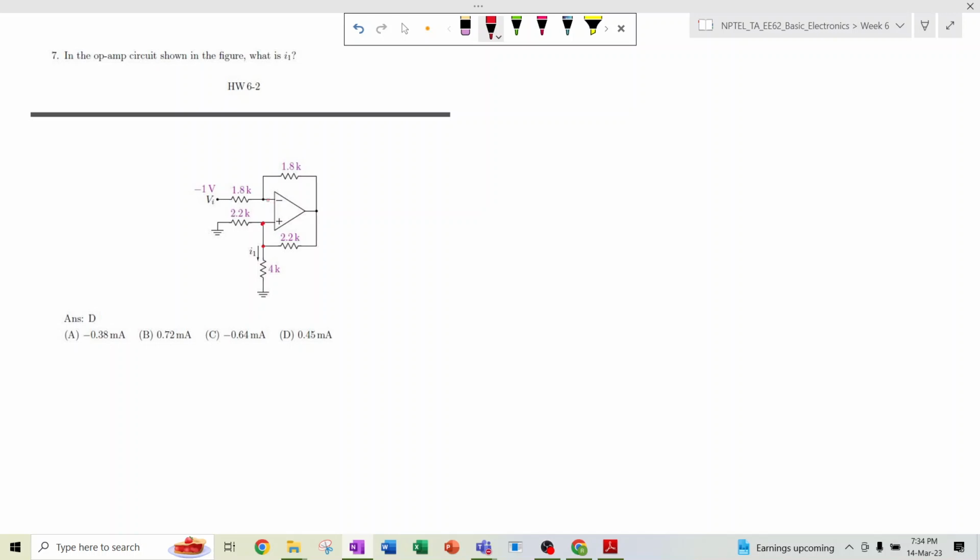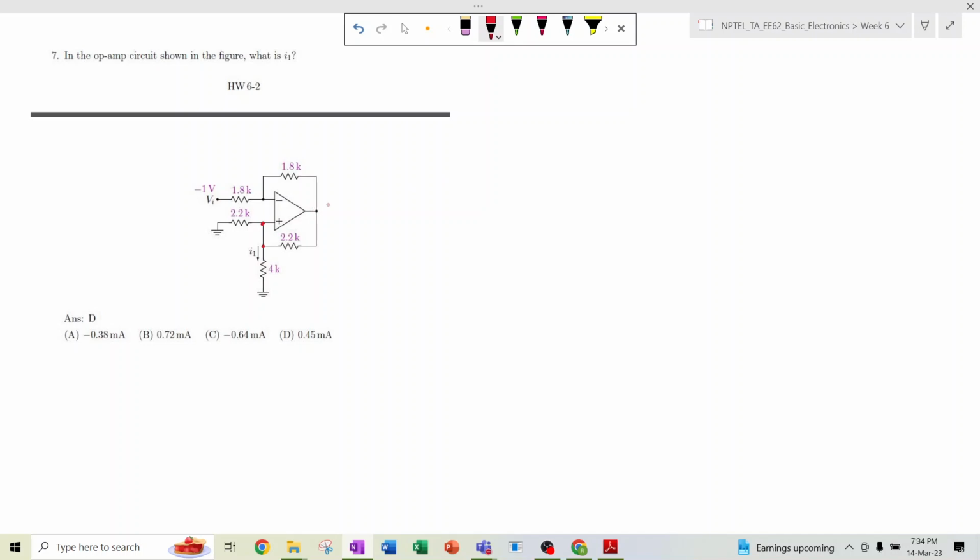Okay, so you have to find out again the two things, because there is a positive also and negative also. So you have to find out what is the voltage over there, and whether it is in negative feedback or not. So I am assuming it is a negative feedback.